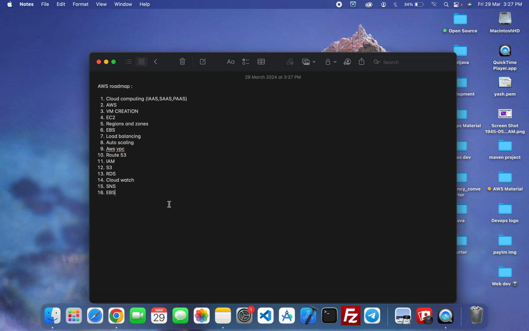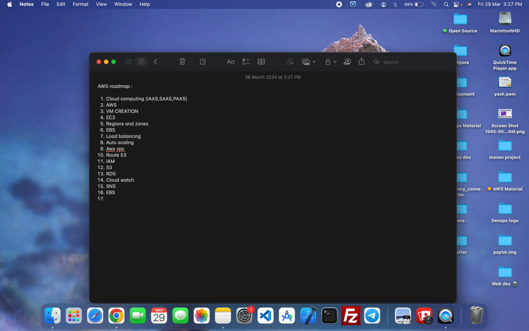So we want to learn the difference between EC2 and Beanstalk, what the advantages of Beanstalk are, and how we can deploy our web application using Beanstalk.